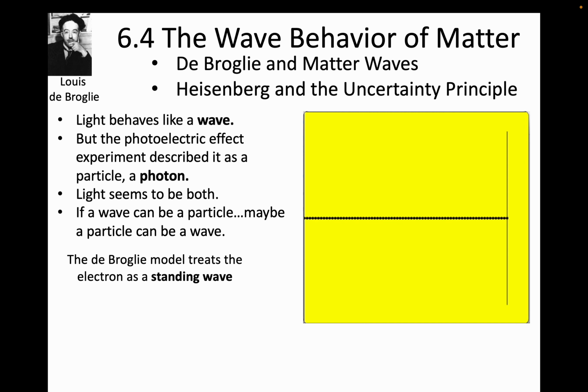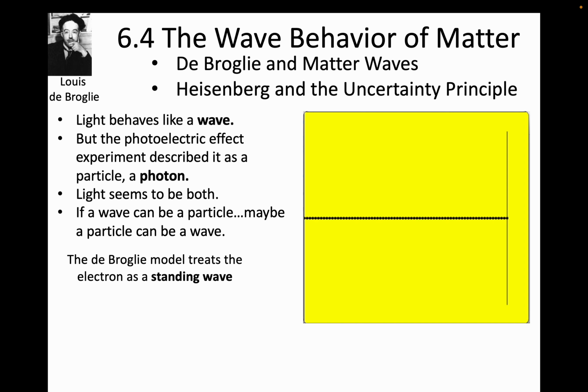Light seemed to have both characteristics, depending on the experiment, whether it was an aspect of how a wave can undergo interference or something that was supporting the particle description, like the photoelectric effect. Depending on the experiment, it seemed to reveal different qualities for light.